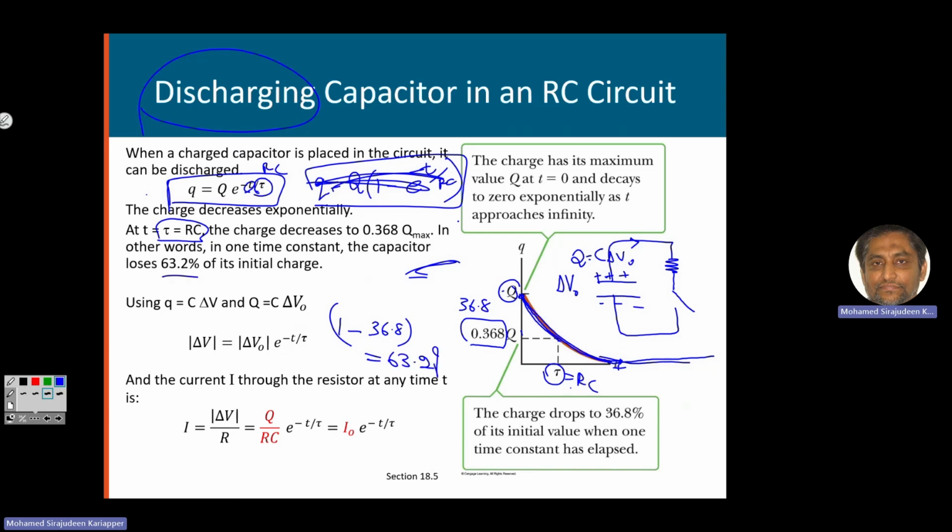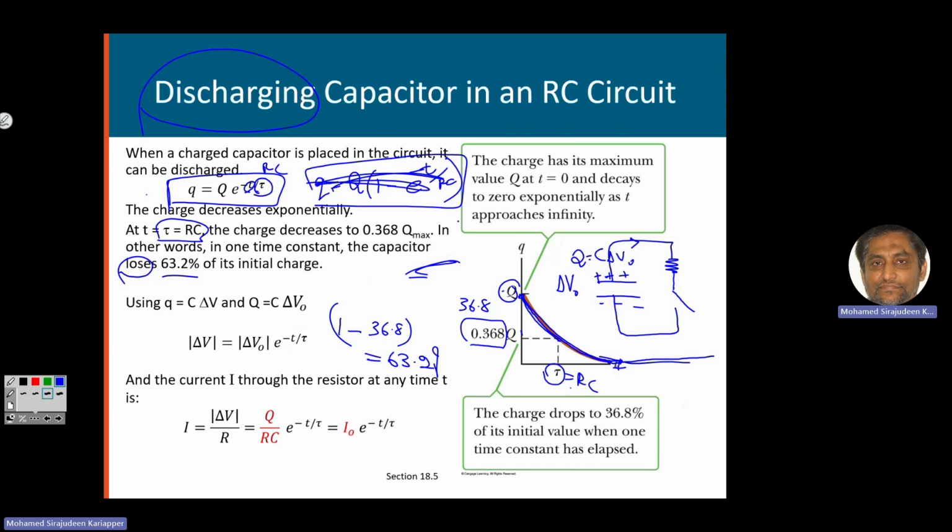So after one time constant, the capacitor loses 63.2% of the initial charge. In other words, it reaches the value of 36.8% of the initial charge. Right, then we can continue.